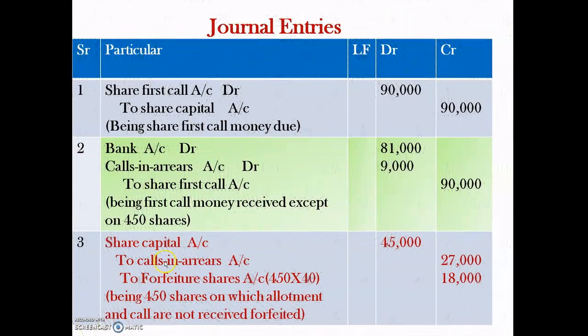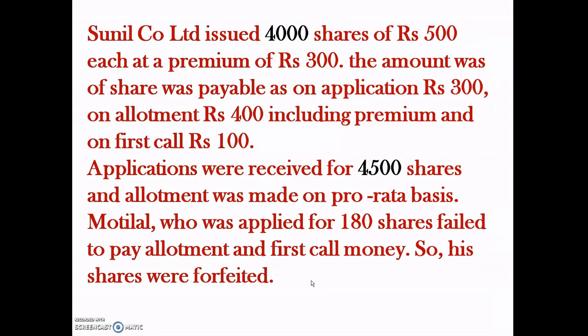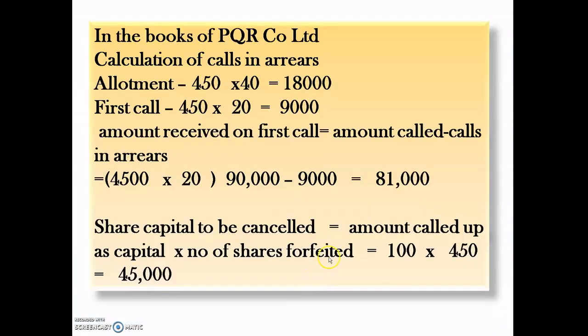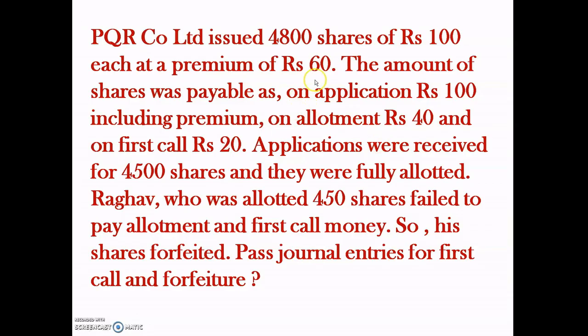Okay, fine. See here, once again I will tell you, to calls in arrear account. In this column we have to take both the calls in arrear, that is 27,000. After that, to forfeiture of shares account, the number of shares forfeited is 450 here, and the amount received per share, see here, on application they have given application money of 100.